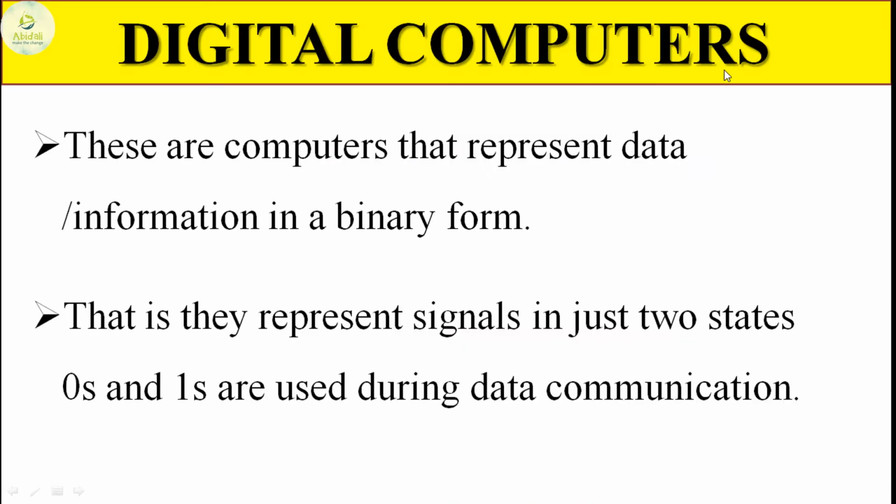Let us move to the next category, the digital computers. These are computers where the data or information is not represented in the form of sine waves; they are represented in binary digits, zeros and ones, what we call binary form. So the data and information in digital computers is stored in the form of binary digits 0 and 1.